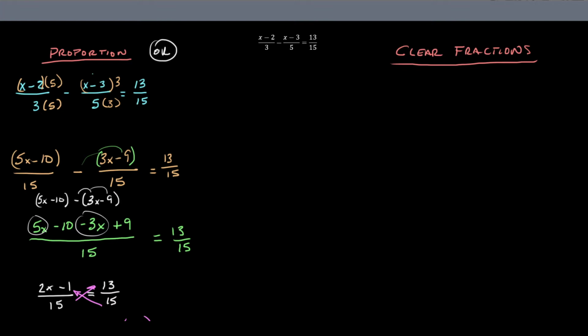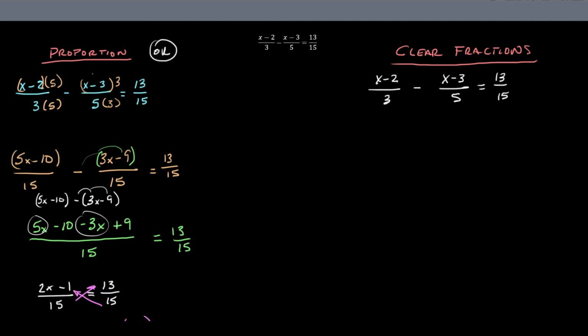By the way, this particular method also works when there's variables in the denominator. The clearing of the fractions is actually my default method. I don't like doing the other; it seems to add a lot of extra work. So, yeah, that's why I don't. So x minus 2 over 3 minus x minus 3 over 5 is equal to 13 over 15.